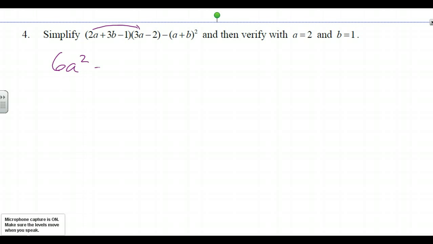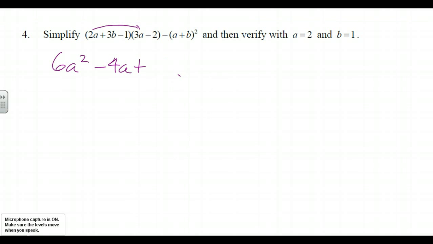Okay, 6a squared minus 4a plus 9ab minus 6b minus 3a plus 2 minus. Now, the big thing here is when you write that minus, you put down a set of brackets, and we're going to now square a plus b.